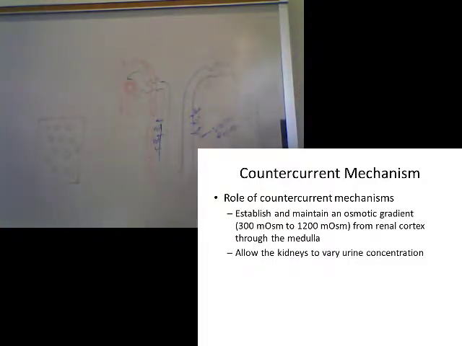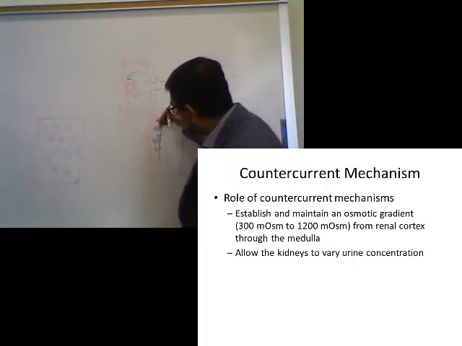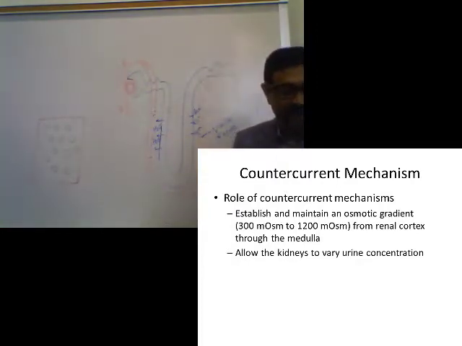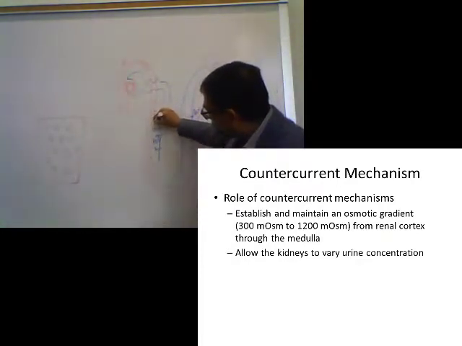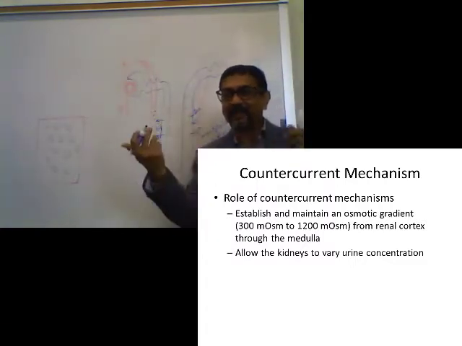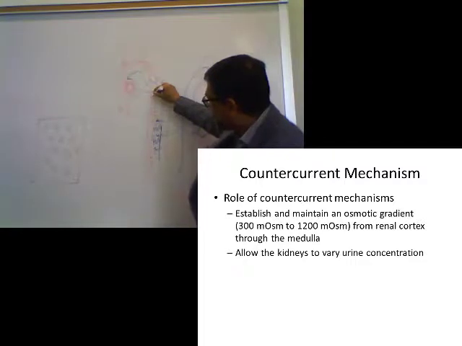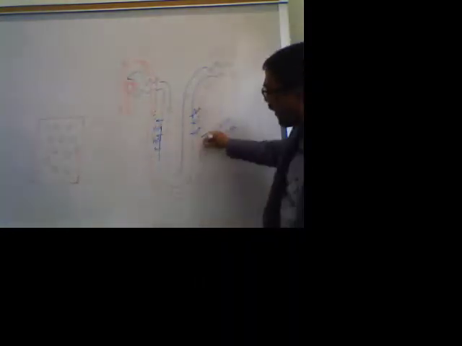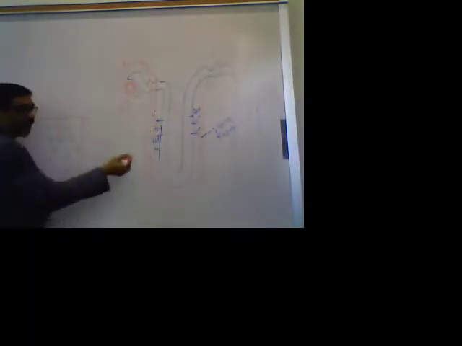Now you see, if reabsorption occurs here, water gets out, water will start to build up here, accumulate here, right? Because water is continuously getting out, right? So this is the Vasa Recta, but what the Vasa Recta is doing here is very important.